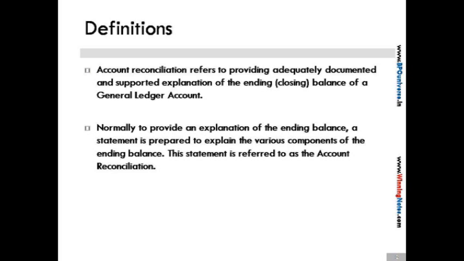Suppose you get them verified as well. Then, as part of the closing balance, you have the opening balance verified and correct, and you also have the entries in that account verified and documented as correct. If both these components are correct, then your closing balance is also correct and represents the correct amount which should appear in that account.